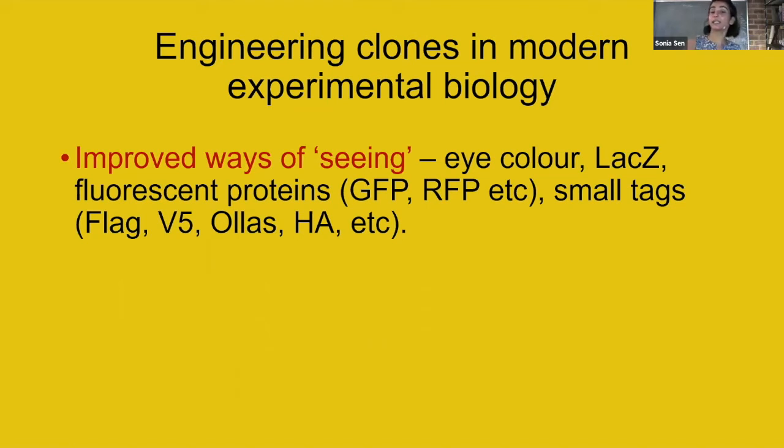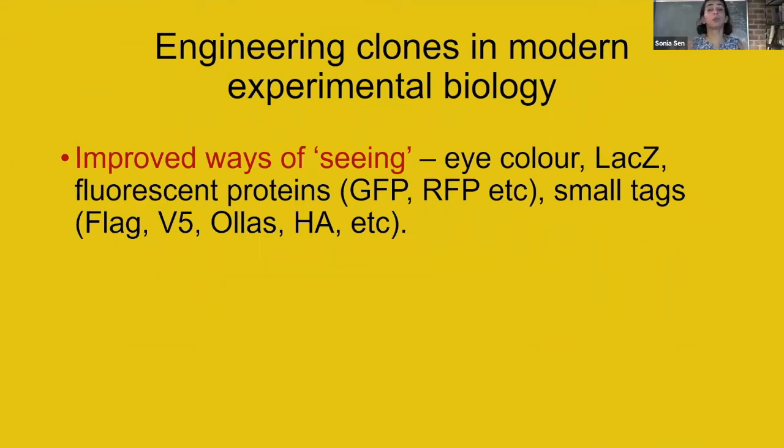But people then started using eye color, again, won't work in the brain. LacZ, which is an enzyme which, in the presence of a substrate, gives color, which you can observe in any tissue that you express this in. So that was an improvement. And then, of course, came the fluorescent proteins, GFP, RFP, and variants of GFP and RFP.